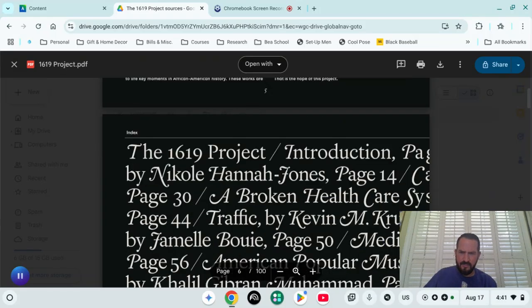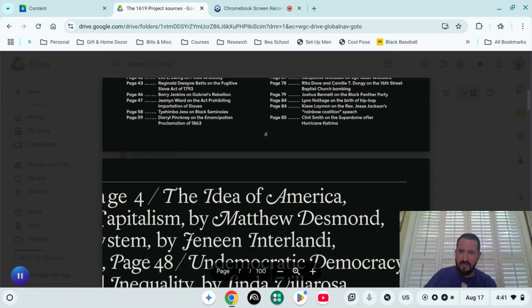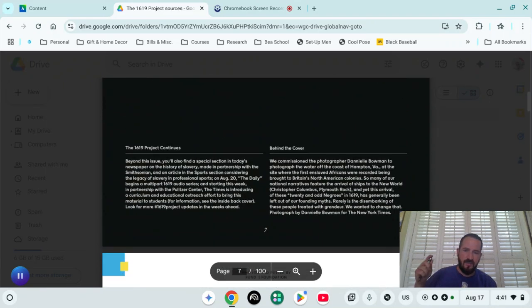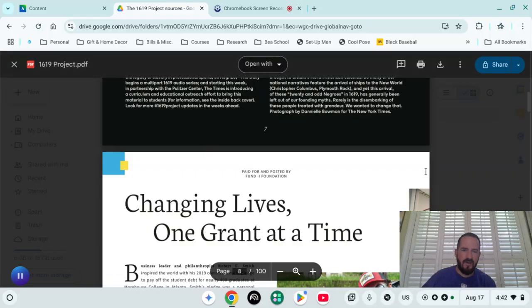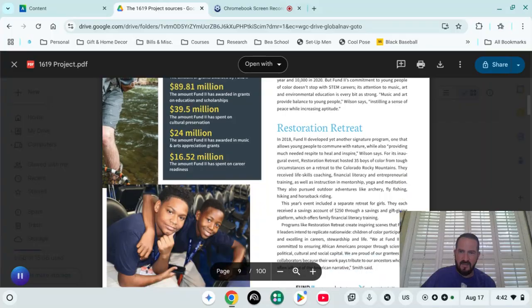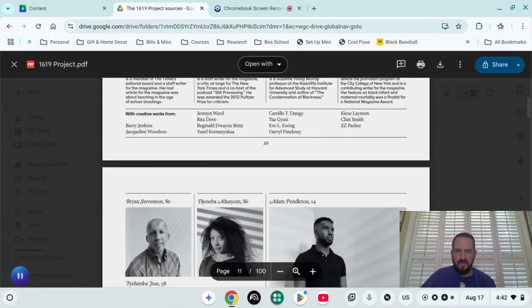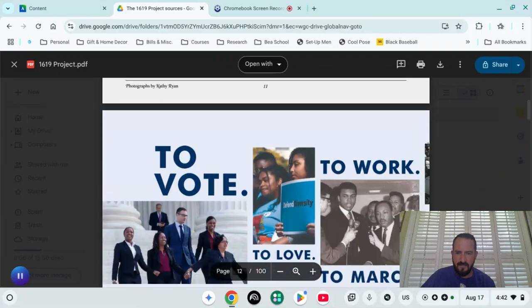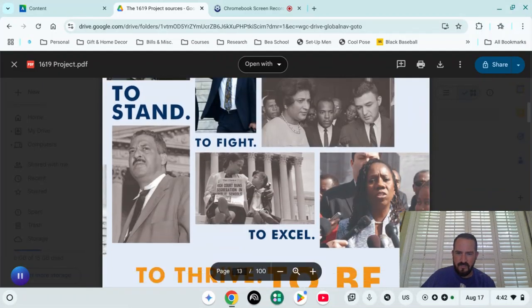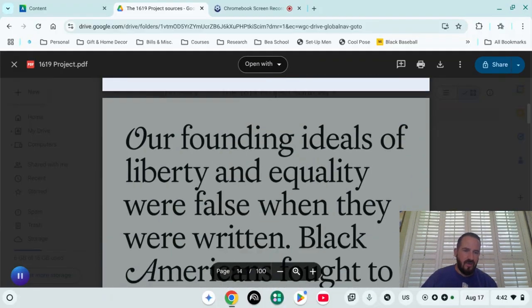But once you get through those first few pages, it provides you with all the essays and all the artwork and other material that the 1619 Project consisted of, table of contents and stuff like that. But once you get to page 14, you have the essays that the 1619 Project consists of.